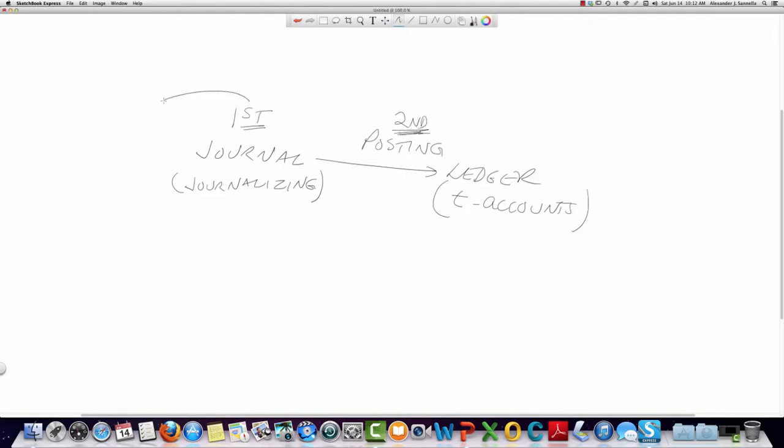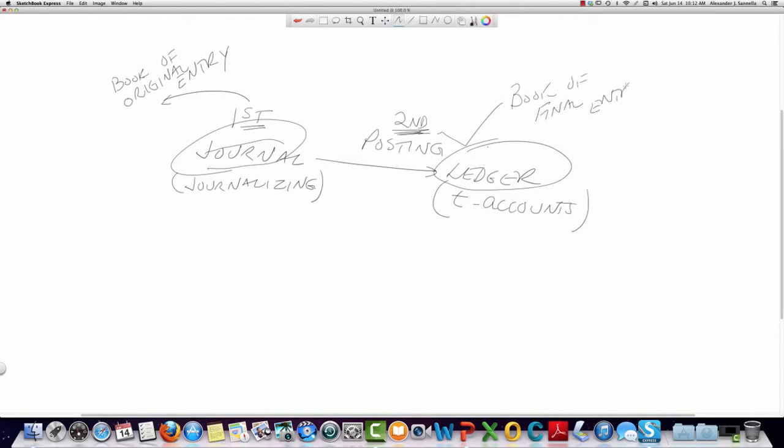Since we record it in the journal first, we said that this is sometimes called the book of original entry, the journal. The ledger is sometimes called, since we do this second, the book of final entry.